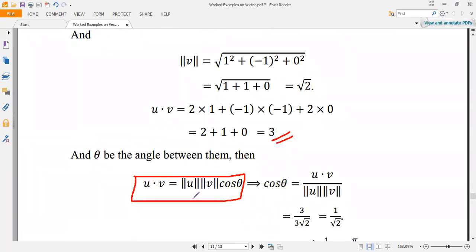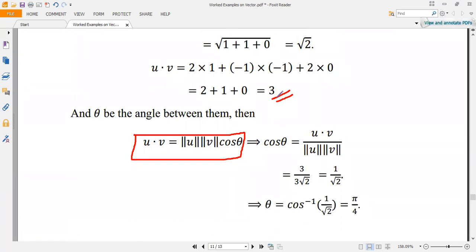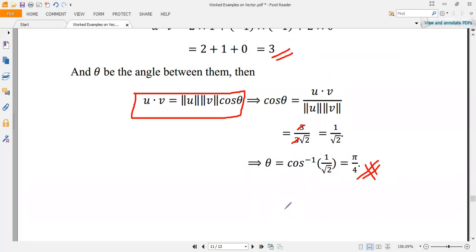Then cos theta is equal to u dot v over the magnitude of u times the magnitude of v. So 3 over 3 times radical 2, and cancelling 3 by 3, we get 1 over radical 2. So theta is cos inverse of 1 over radical 2, which gives pi over 4, which is 45 degrees. So this is how to find the angle between two vectors.